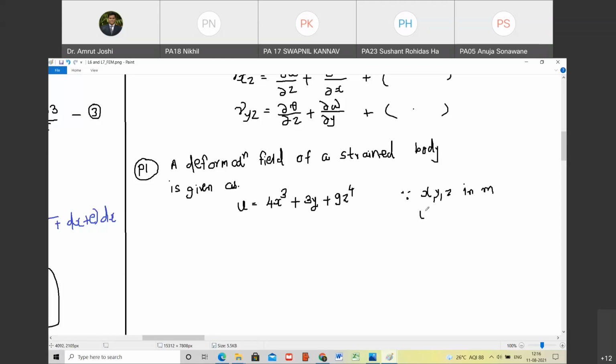Are you with me? And u will be expressed in mm. Are you with me? Yes, sir. ऐसे दिया है.